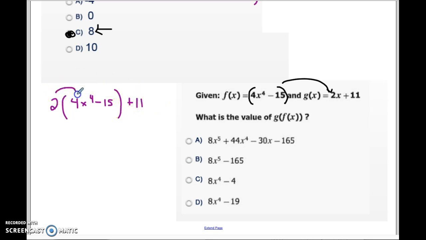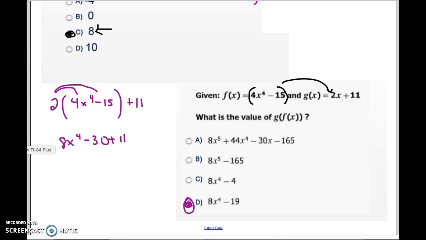Now when I distribute that in, I'm going to get 8x to the 4th minus 30 plus 11. So I actually have this answer down here. Now let's see how our calculator would have helped us do that.